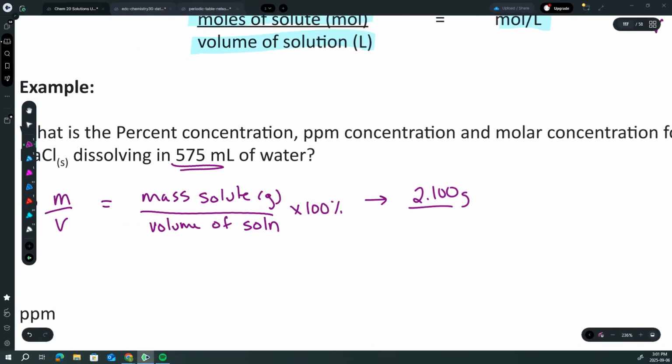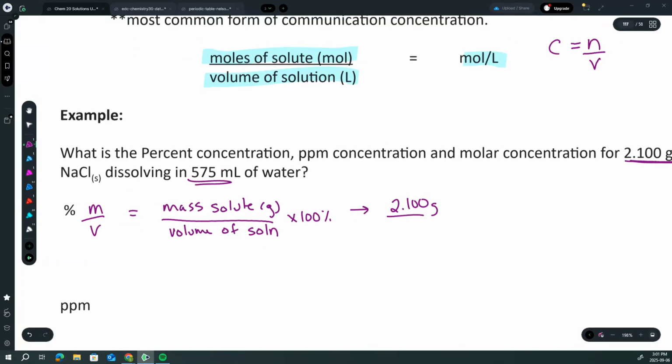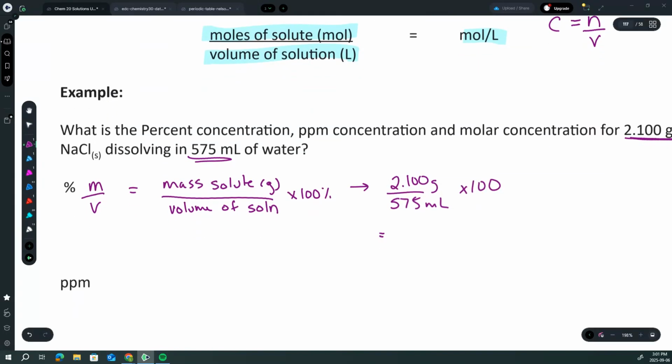Volume of solution, that's going to be the 575 milliliters times by 100. So when we take 2.1 divided by 575 and then times that by 100, what we're going to get is 0.3652. Number keeps on going on forever. And that's already in percentage.